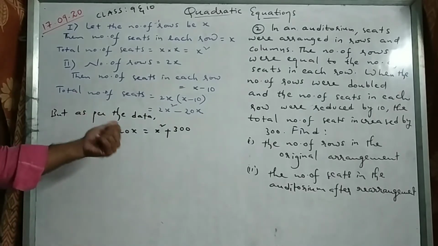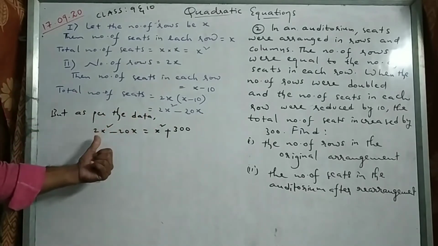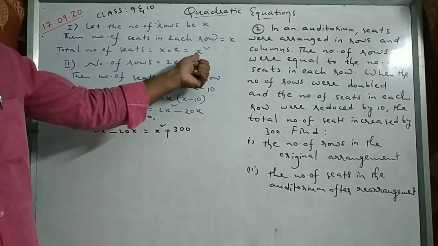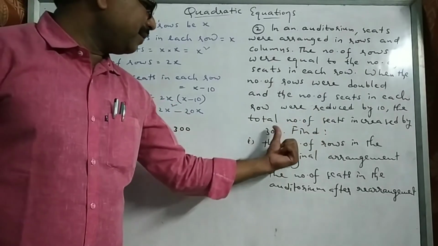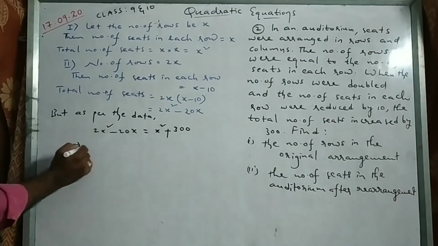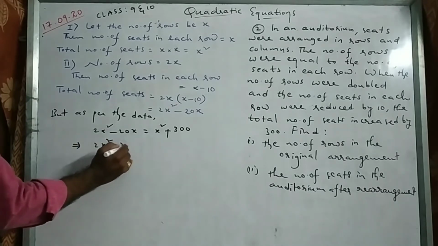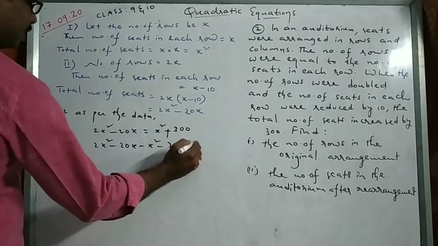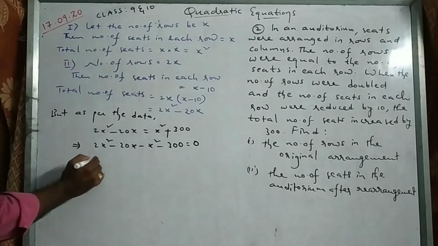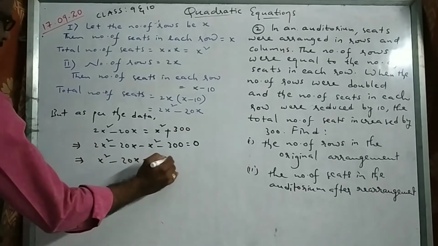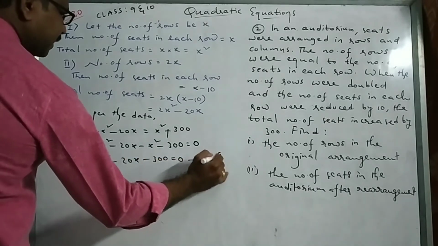This equals previously x square, increased by 300, so plus 300. Now bring those to this side: 2x square minus 20x minus x square minus 300 equal to 0. So x square minus 20x minus 300 equals 0. Equation 1.